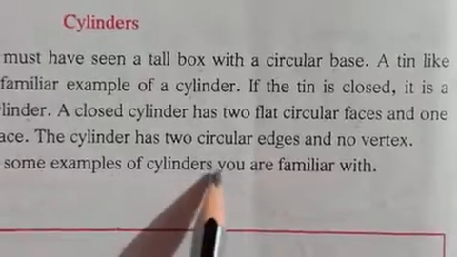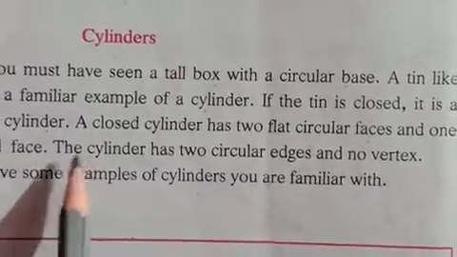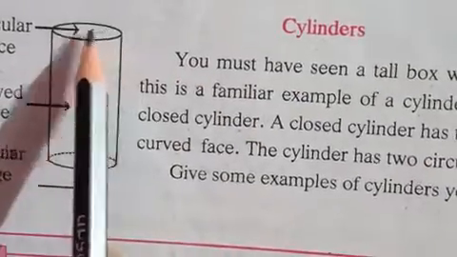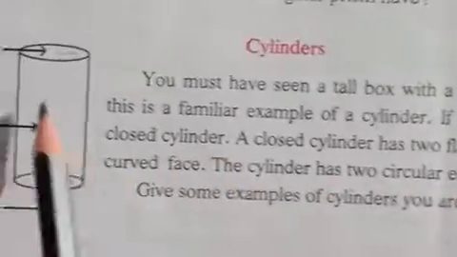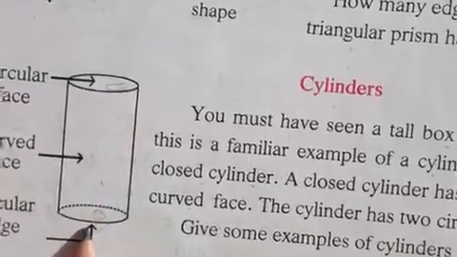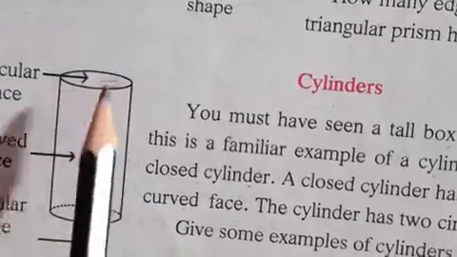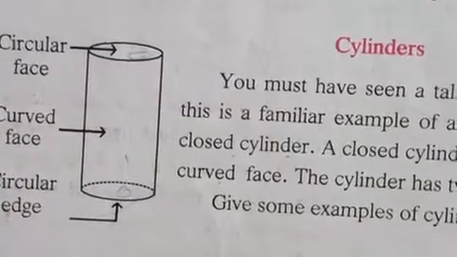Give some examples of cylinders you are familiar with. I have already given examples. This is one edge and this is another edge, and there is no vertex, no joining point, only circular edges. This is a circular face and this is a curved face. Clear about cylinders?